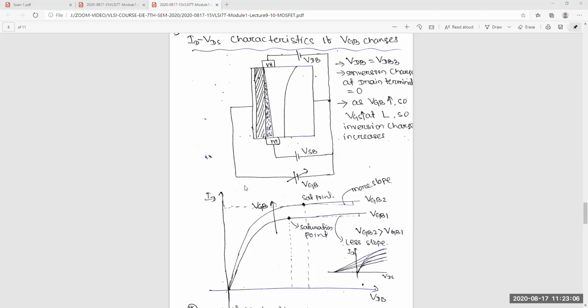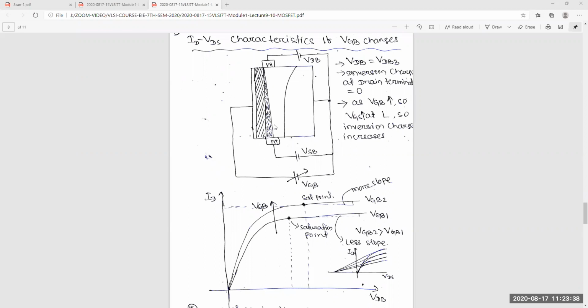See, what is the electric field formula? Just remember, electric field is voltage by distance. Sir, the gate direction will be more. Obviously, because you can see this distance is very small. This electric field will be more because its distance is very small compared to this. This is L. The oxide thickness, tox, is very small, say 0.1 micron, while for example L is 1 micron.